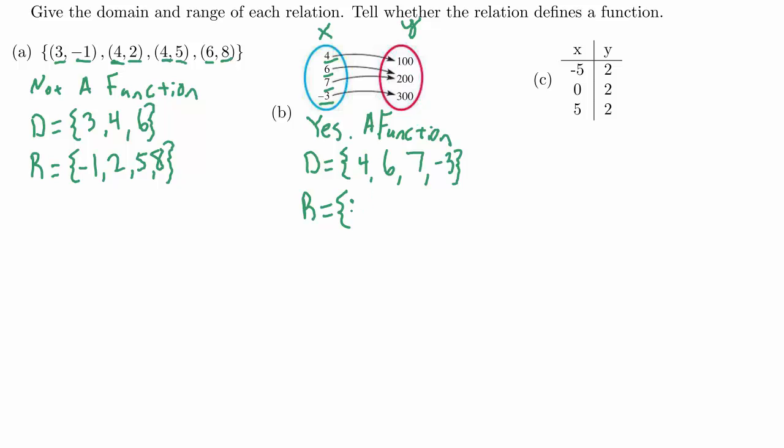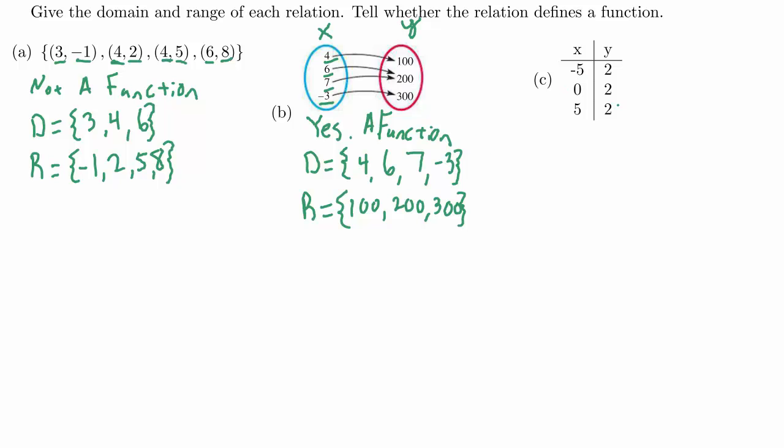So the range is 100, 200, and 300. Now do you see what I did on the domain? 4, 6, 7, and -3. That's not technically in numerical order, but because we're working with sets, the order doesn't actually matter. It's just something we like to see. So 4, 6, 7, and -3 is correct. It's just not in numerical order.